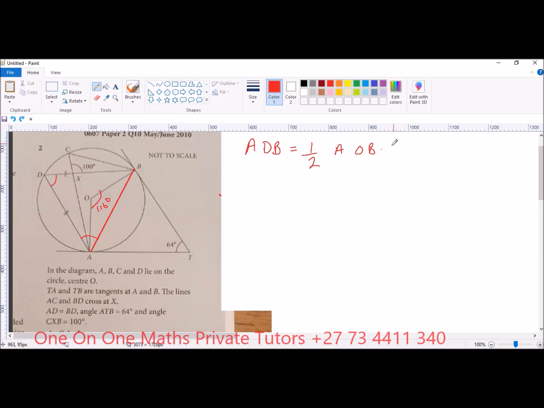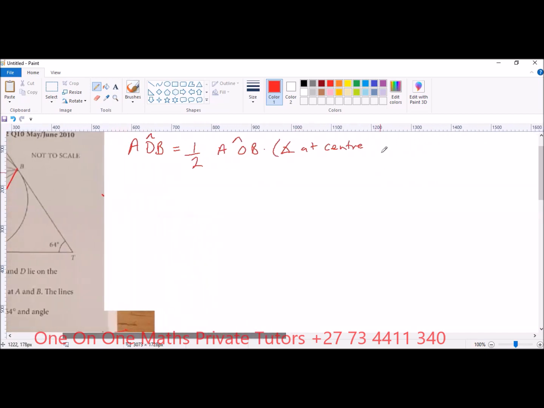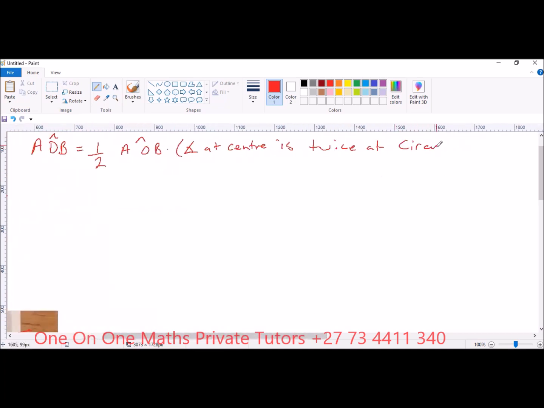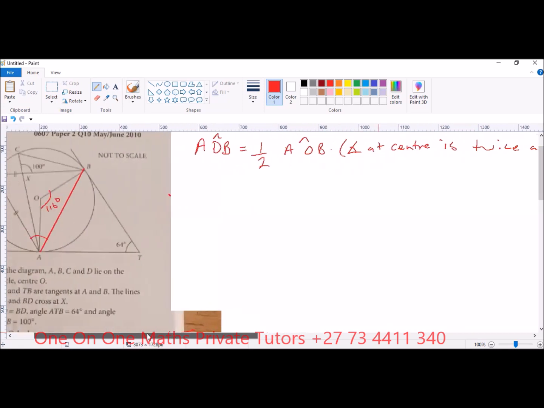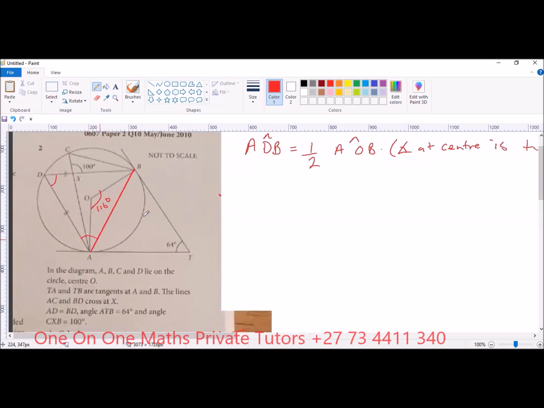So we abbreviate it as angle at center is twice at circumference. Remember, every statement has to have a reason. So we can see they are subtending the same arc, which is AB, and one is at the center and one is at the circumference.